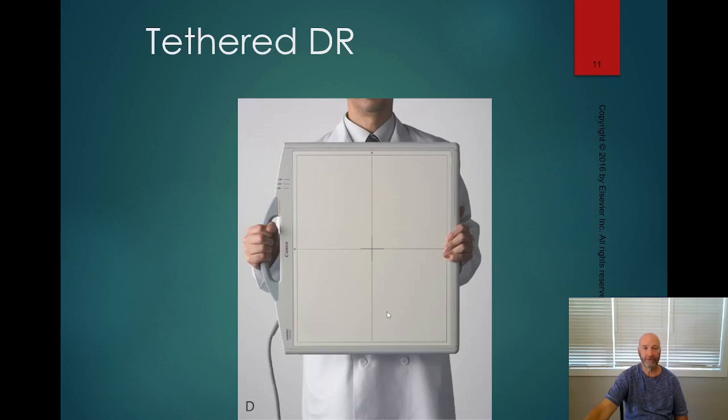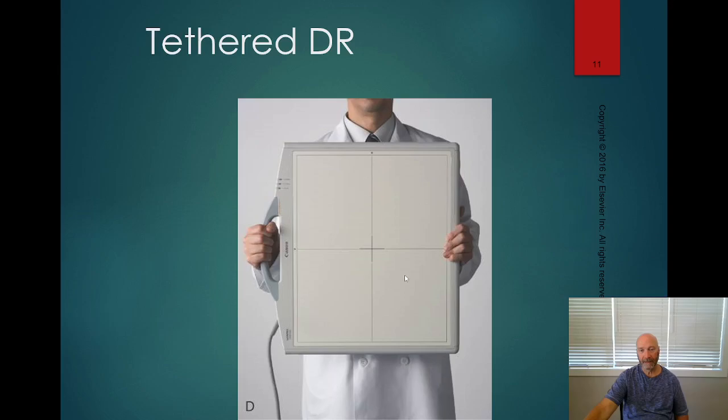You've got tethered, you've got untethered. Some of your DR cassettes have contacts that whenever you put it into either the wall bucky or the table bucky, those contacts prepare the reader and start the communication process so that as soon as you make an exposure, again, it articulates directly with your computer to recreate the image.